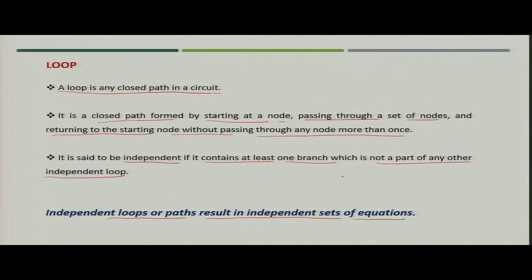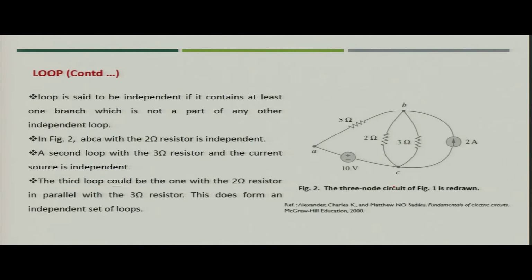So, when you are given a complex circuit and asked to apply Kirchhoff's voltage law, you first have to find the various independent loops, so that you can precisely identify the unique equations you have to find, so that you can get the answer of that particular circuit.